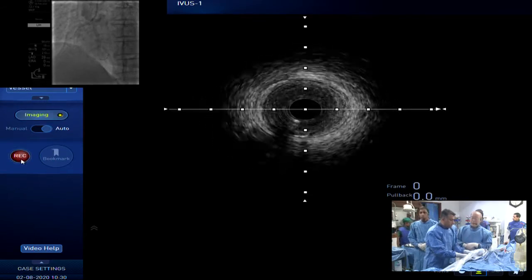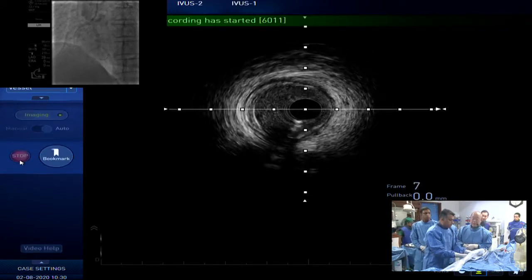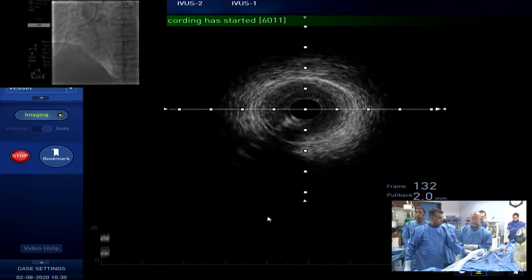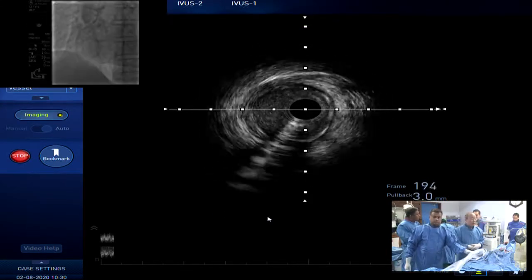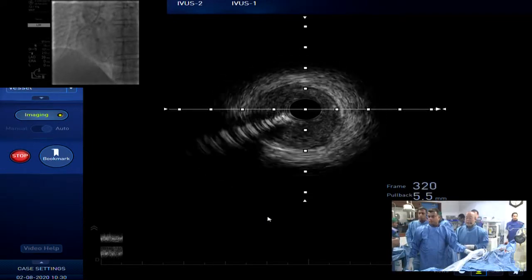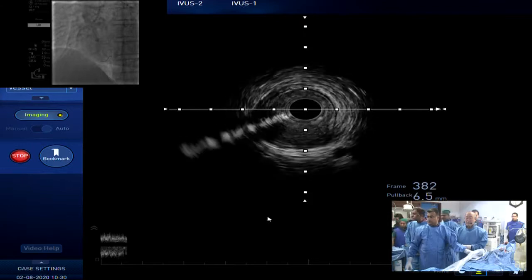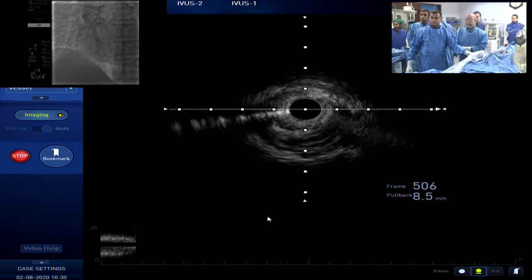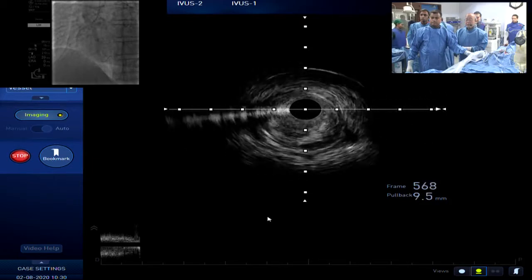Okay, so we start again. We could see the lesion coming up.